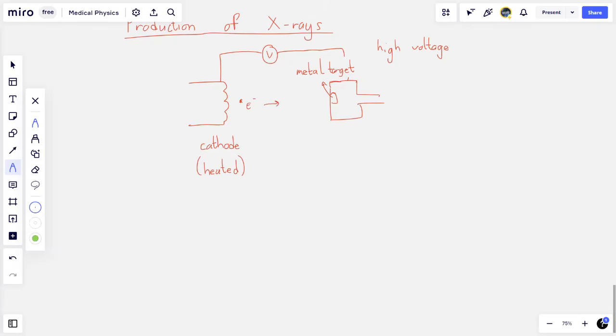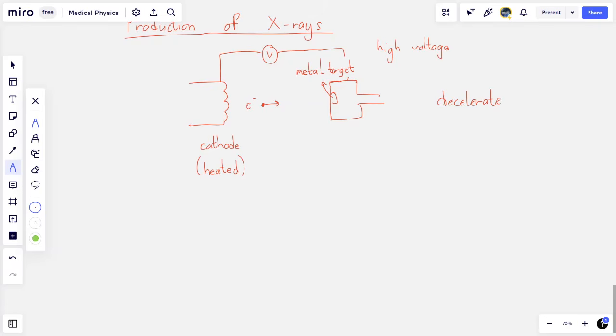And these electrons move to the right in this case. And since they have high energy, they have high speed. Okay, and then they strike the metal target. Upon striking the metal target, they decelerate very rapidly.